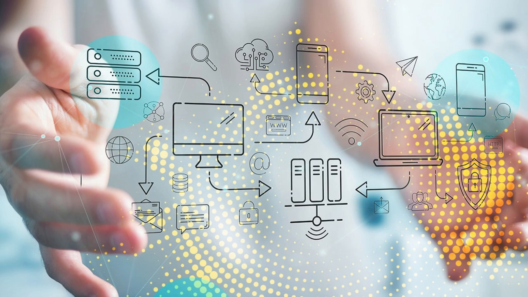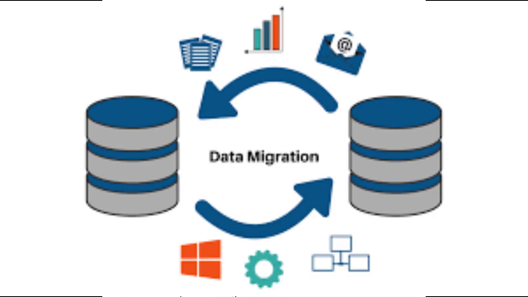Then data migration strategy: implementing a strategy for how you will migrate your existing on-premises data to the cloud. That involved prioritizing and transferring critical data first, utilizing cloud-native data transfer tools to minimize downtime.